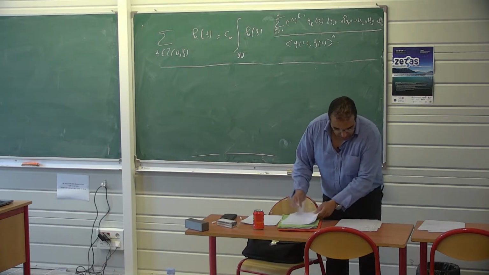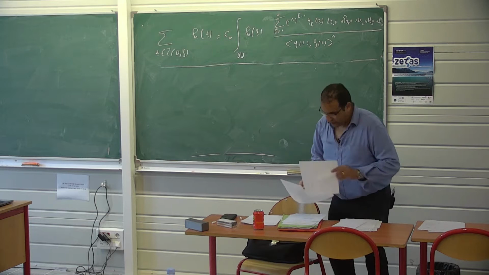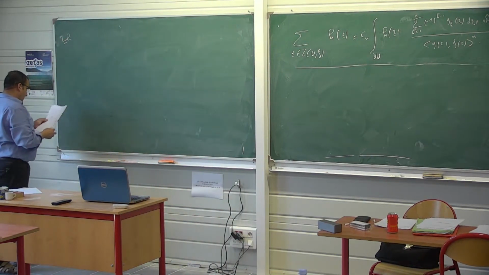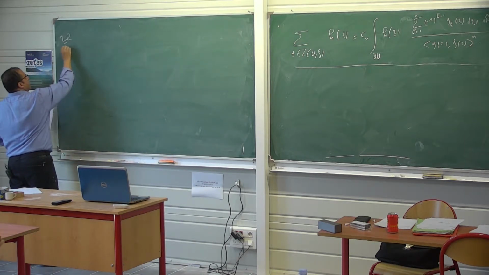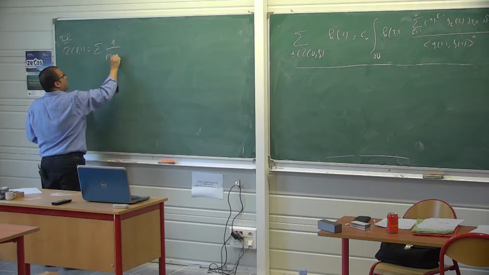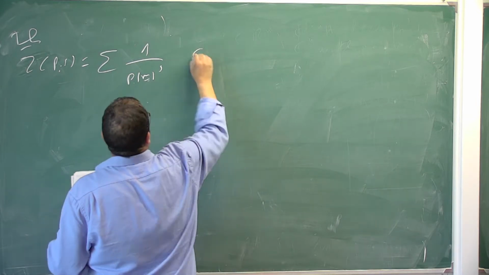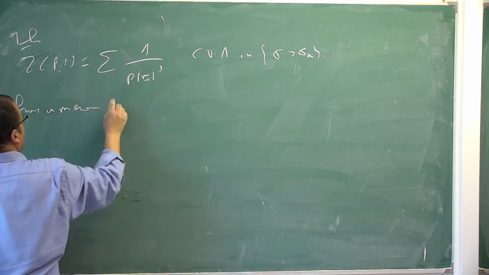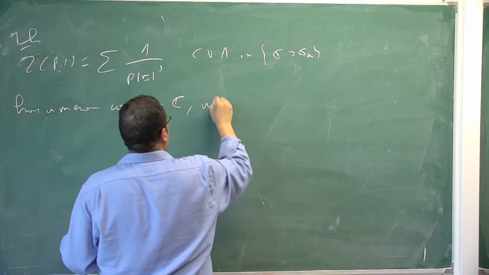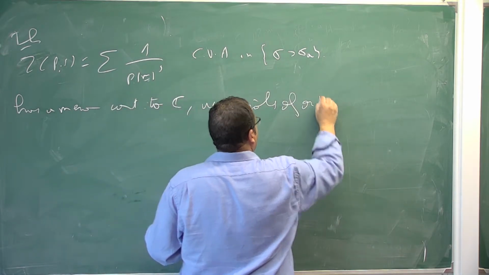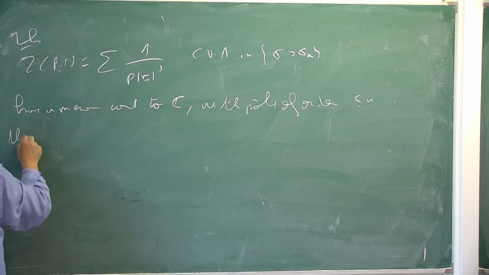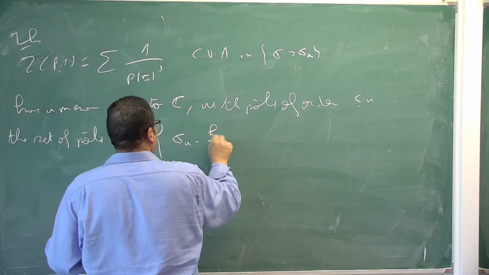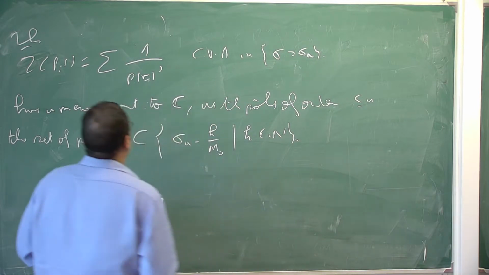So we have just to prove the theorem: the series Z(P,s), the sum of 1 over P(m)^s, converges absolutely for sigma bigger than sigma_A, and has meromorphic continuation to C with poles of order less than n, and the set of poles of P is in some sequence of this form, and it has meromorphic continuation with moderate growth.